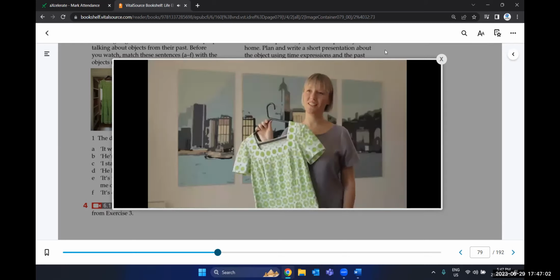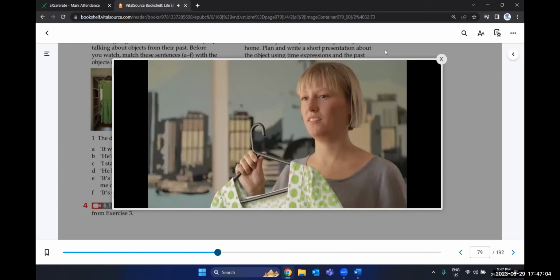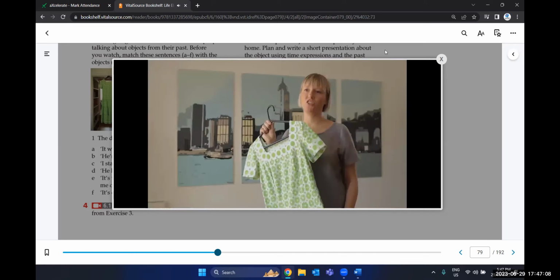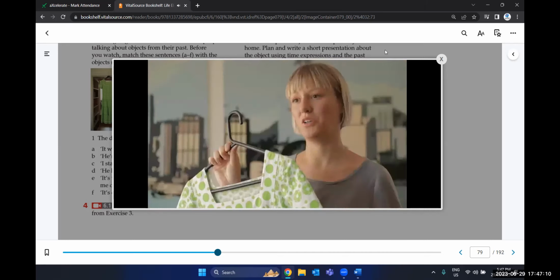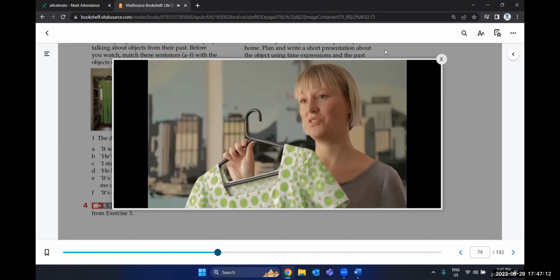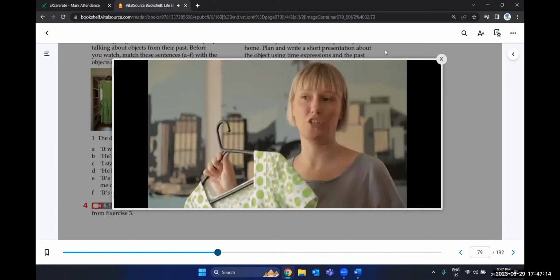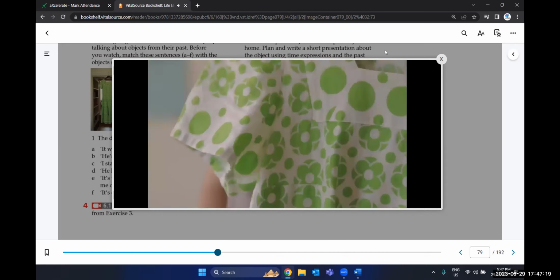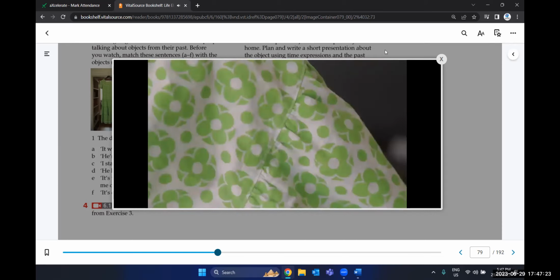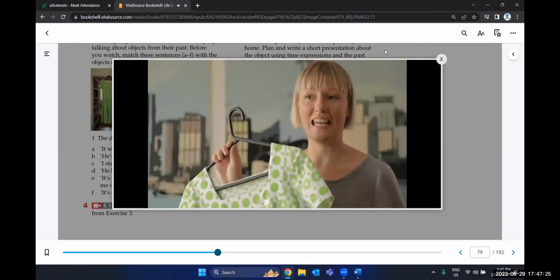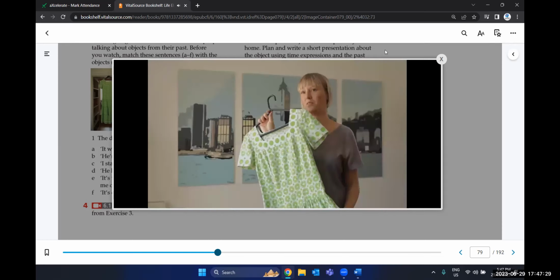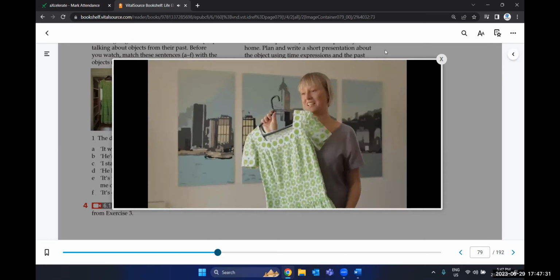This is my mom's dress. She was born in 1955 in Moscow, in Russia. She got married in the 70s, so she made this dress to wear within African wedding. She got married in the summer, so it was very hot. Many years later, I found this dress in my mom's wardrobe, and I thought, wow, it's such a great dress.